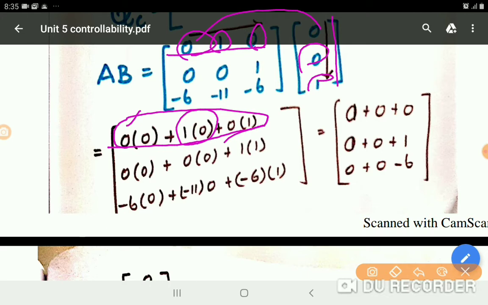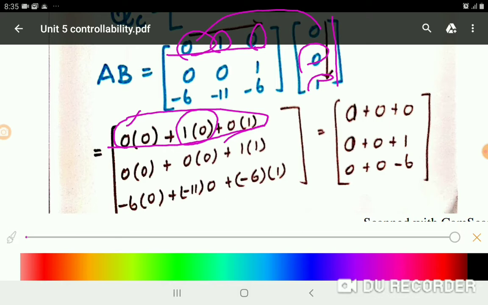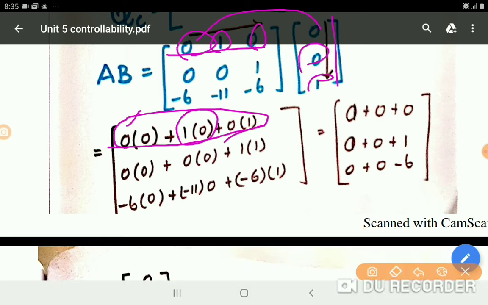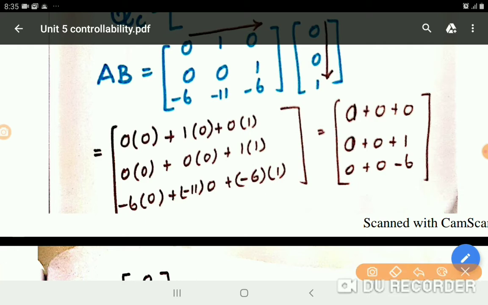Next we'll do the second row and then the B matrix. So 0 times 0, 0 times 0, then 1 times 1.